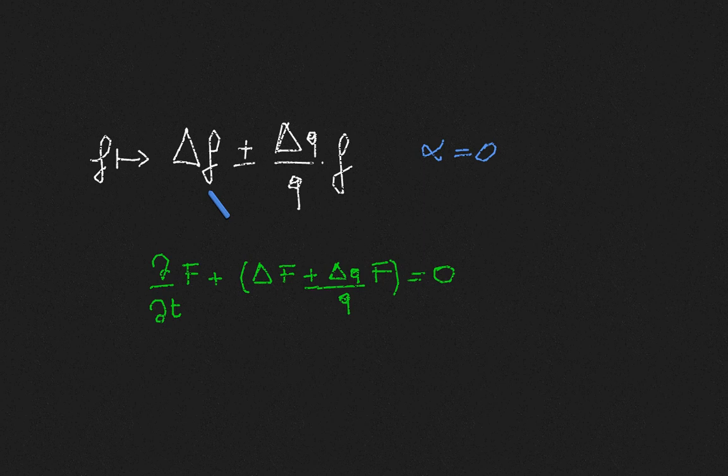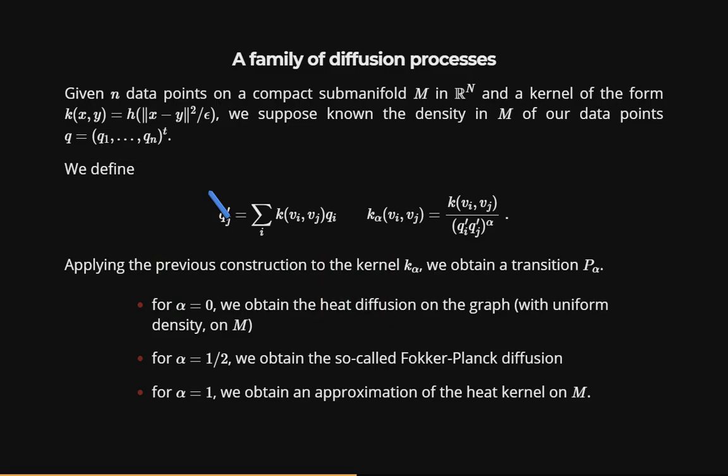And obviously, this is the bad term if you want a heat equation. But anyway, just to explain what's happening. And alpha equal 1/2, we don't really care, at least not in our setting.